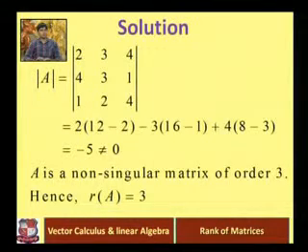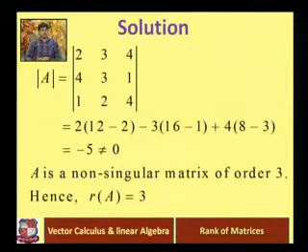The determinant of [2 3 4; 4 3 1; 1 2 4] is solved as: 2 into (4 into 3 is 12, minus 2 into 1), minus 3 into (16 minus 1), plus 4 into (8 minus 3). This answer gives minus 5, which is non-zero.